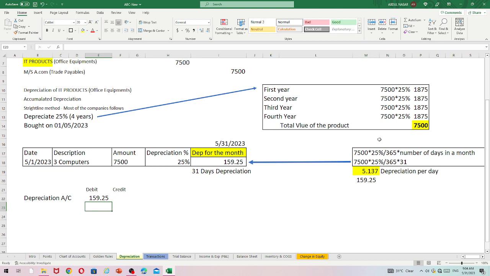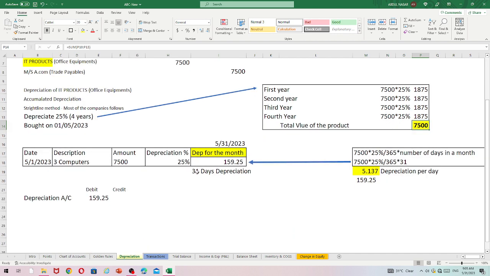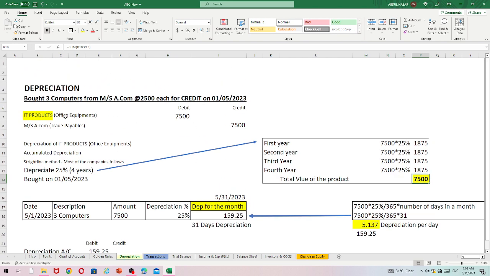So we need to make this value 7500 to 0. So to make it 0 on a monthly basis, we need to credit this asset account, right?